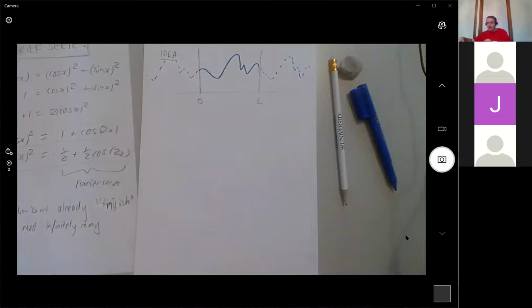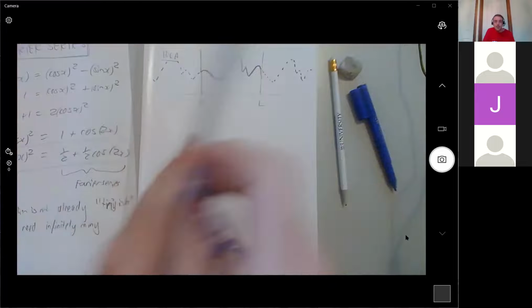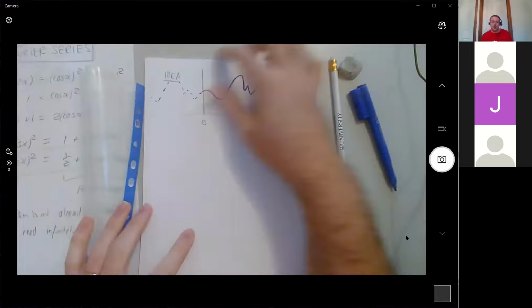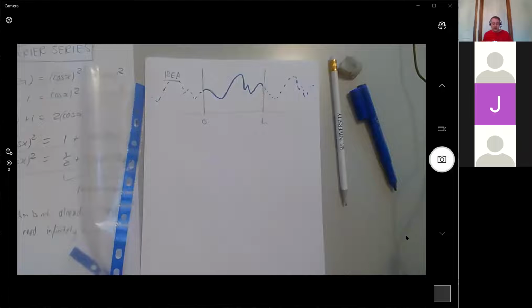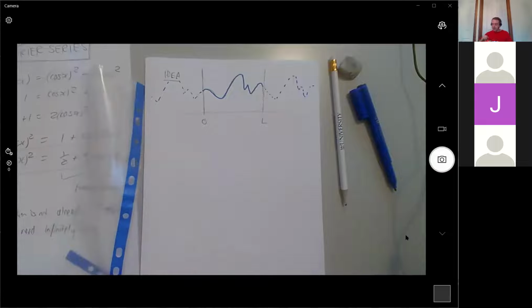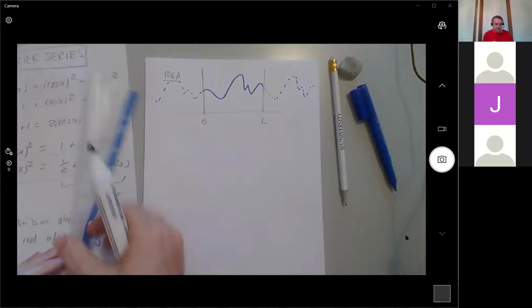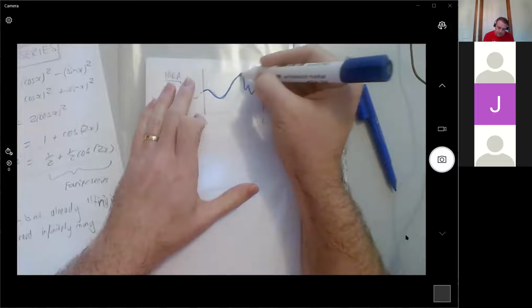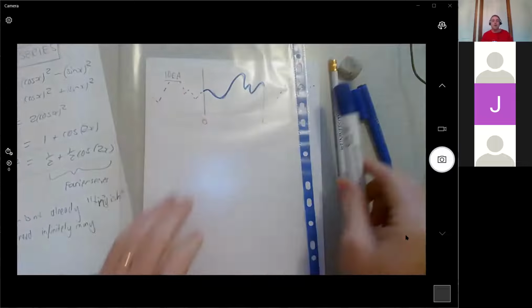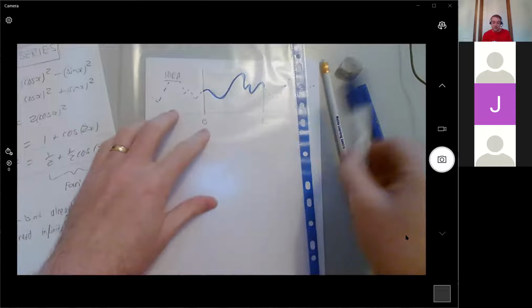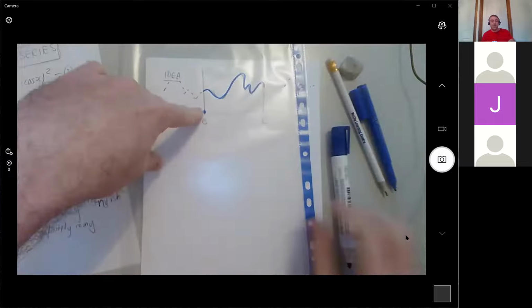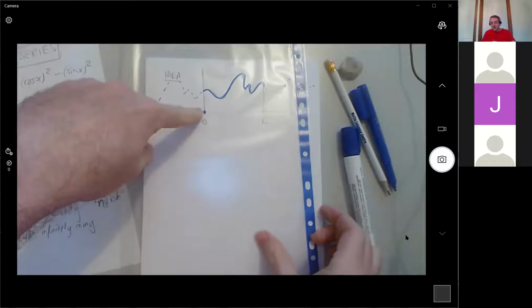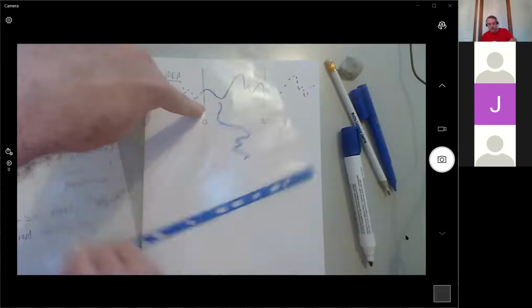Okay, so if I wanted to make this function an odd periodic function, then what I would do is turn that into an odd function. So an odd function, when you rotate it around 0, it copies itself.